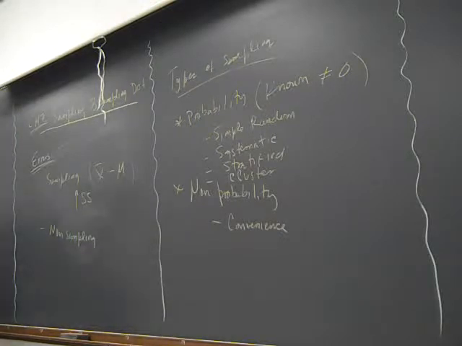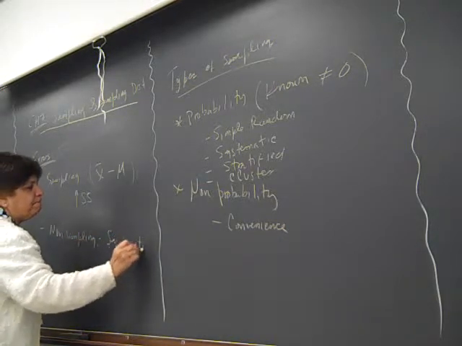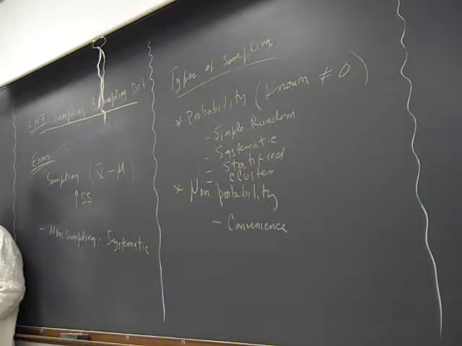The non-sampling errors are really systematic. What does systematic mean? Why systematic errors?